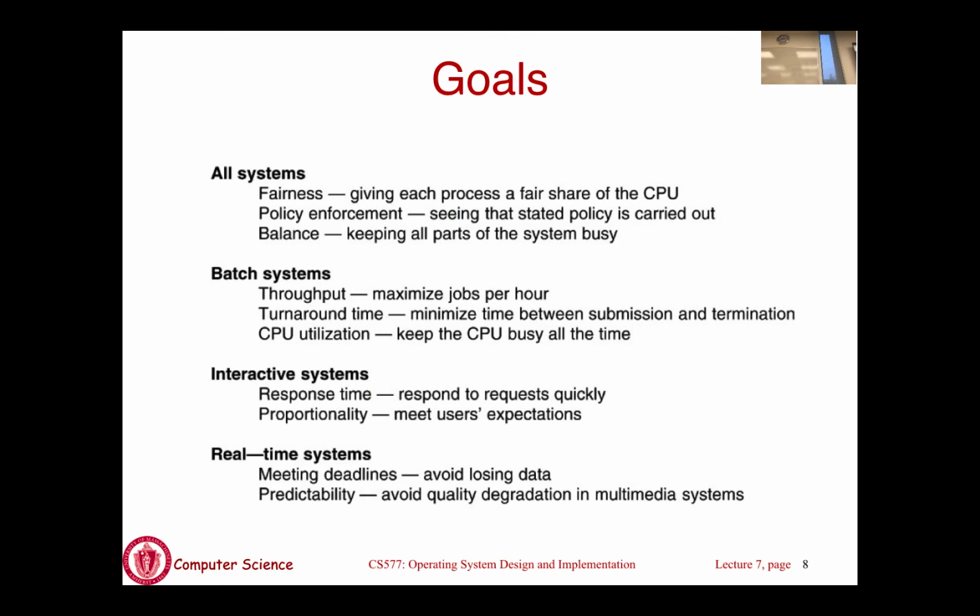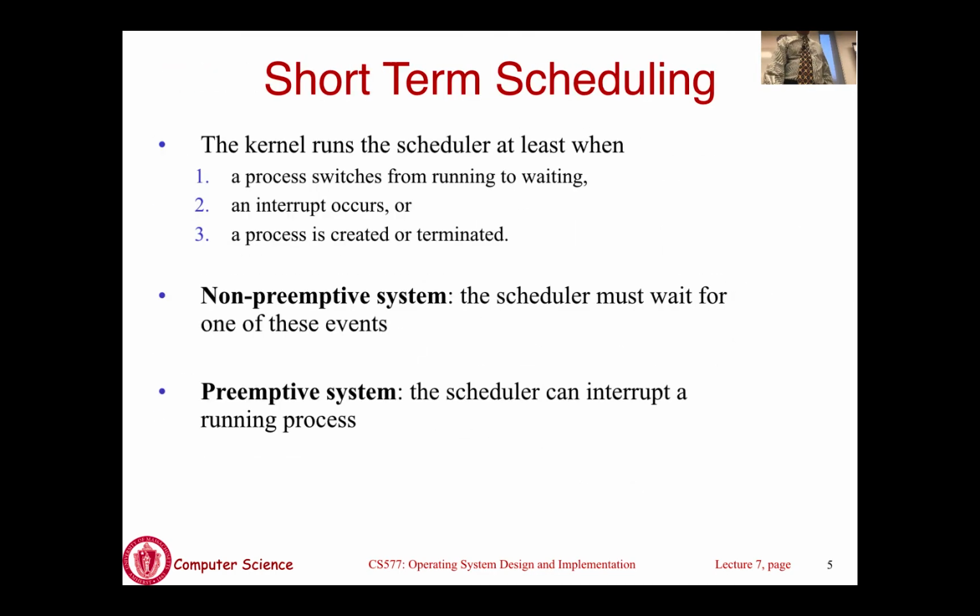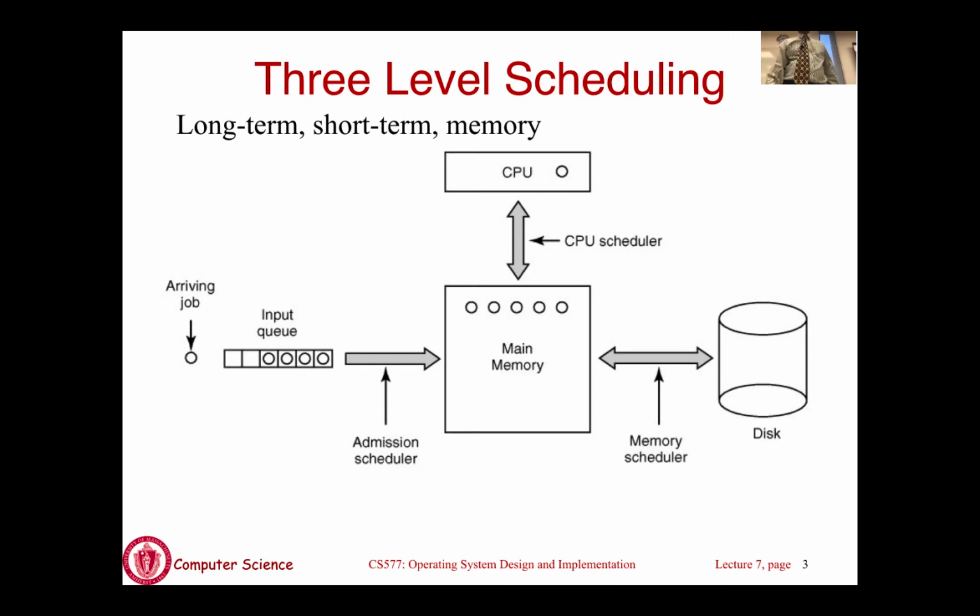The question is, between the long term and short term scheduling, are there any priorities and things of that sort? There are no priorities because they run and operate at different levels. The long term scheduler, at least the admission scheduler, not the memory scheduler, is only looking at new processes that are starting, and the CPU scheduler is only looking at processes that are active.